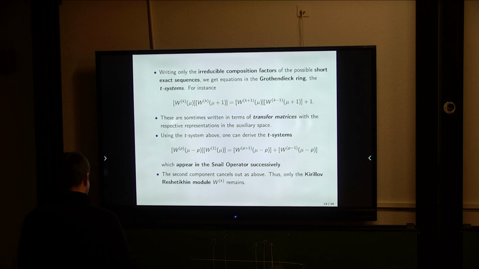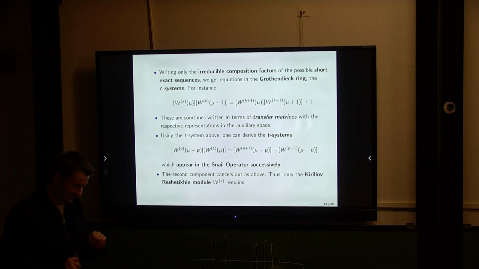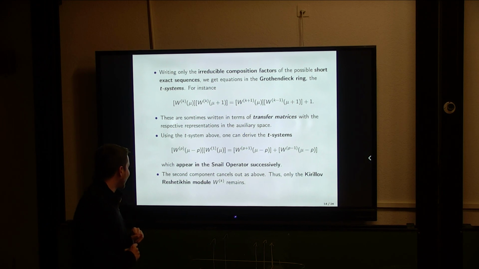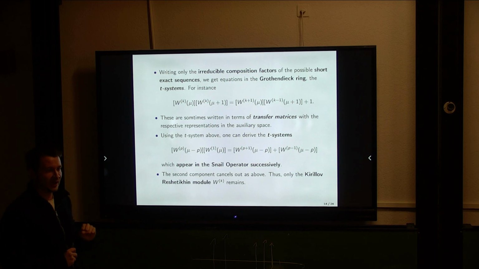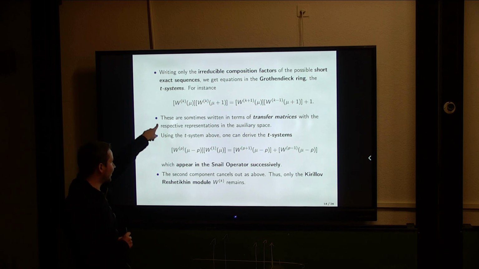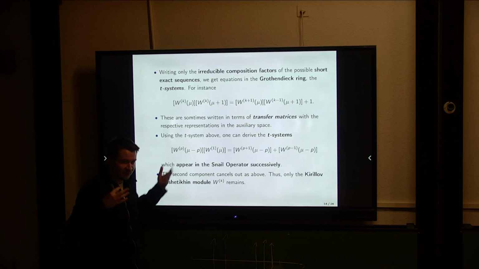The question is, how can this help me to understand what's happening in the Snell? As I said, for k equals 1, we have the two fundamental modules, and only the Kirillov-Reshetikhin module W2 survives. What I can do now is take these T-systems and try to derive what happens if I have the Kirillov-Reshetikhin module WP, let's say p equals 2, and I want to tensor another fundamental representation, another spin 1/2.